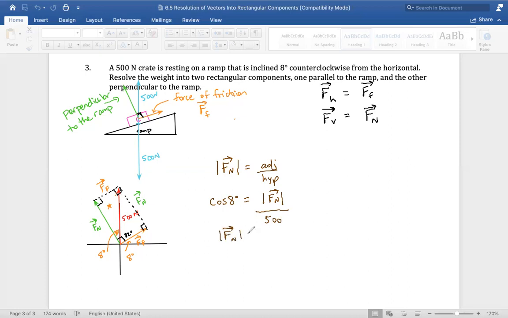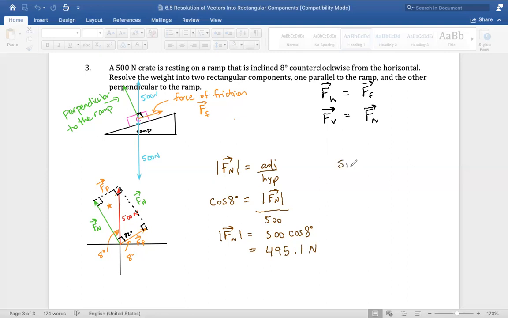So my normal force is equal to 500, the number in front, multiplied by cos of 8 degrees. So 500 cos of 8 is 495.1 newtons.